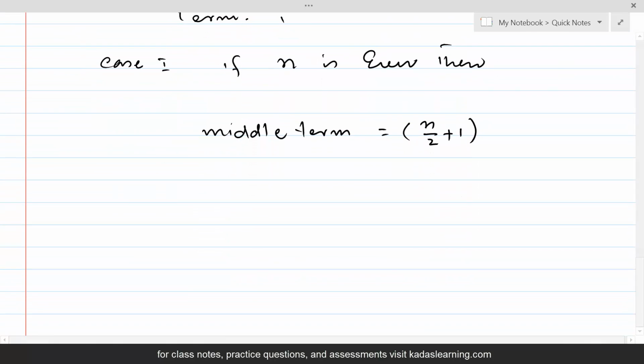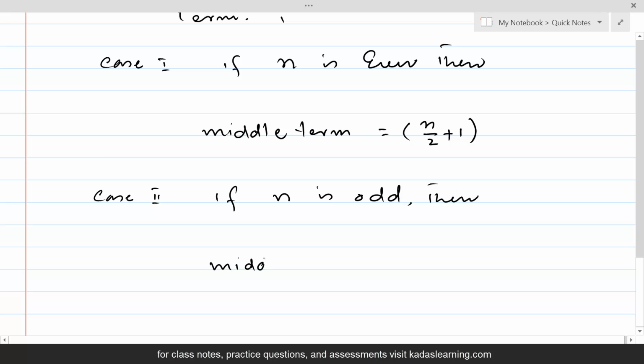Case 2: if n is odd, then the middle term is the ((n+1)/2)th term.